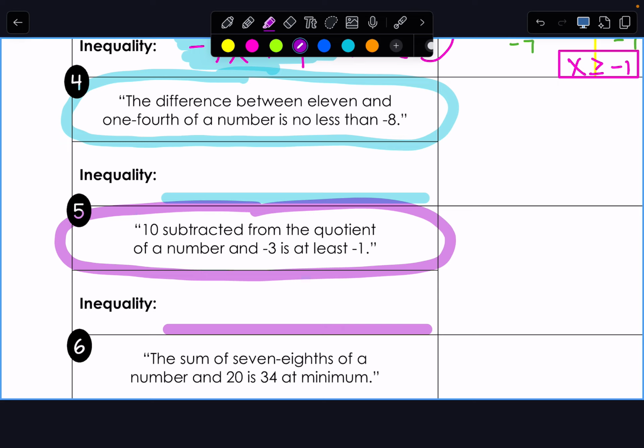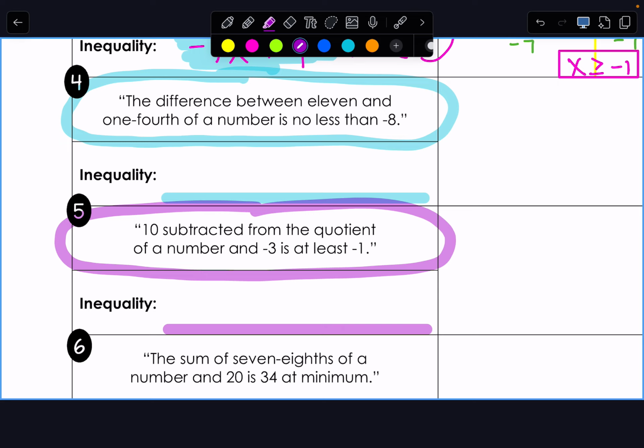Difference is difference: add, subtract, multiply, or divide. It's a subtraction. So we're subtracting two things, and it's telling you no less than 8. So write a subtraction sign. The difference between 11 and 1/4 of a number.